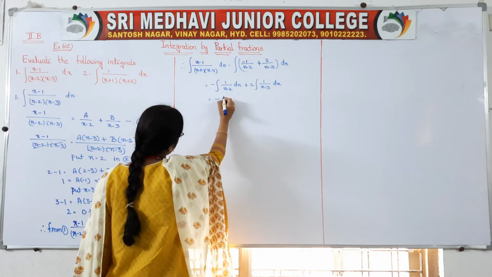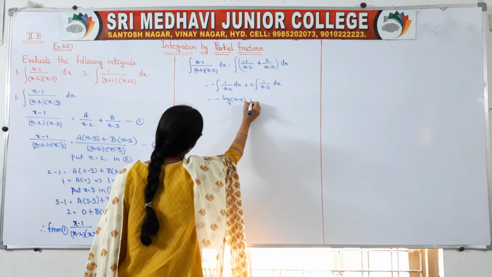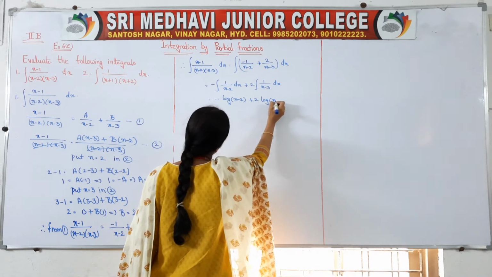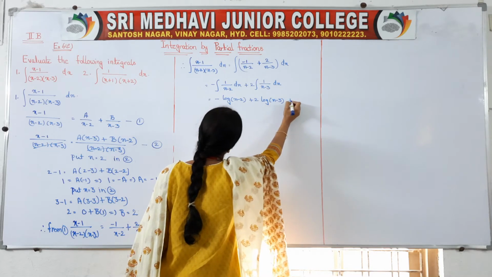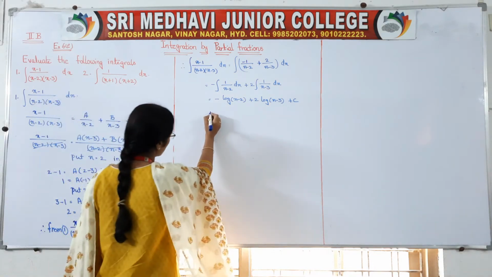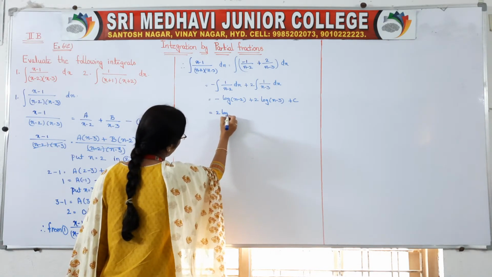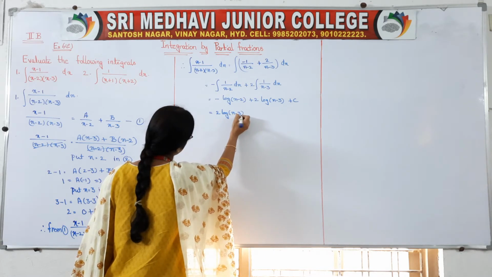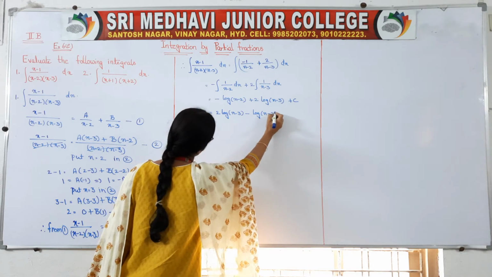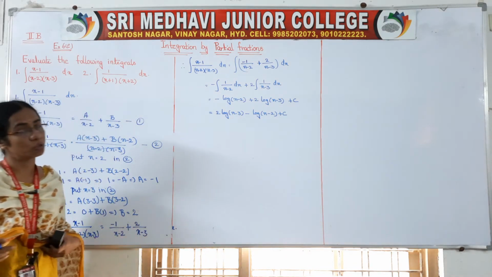So it is minus log of x minus 2 plus 2 into log of x minus 3, right? After the completion of integral, we have to write plus c. Generally the first term should be positive. So you can write this as 2 log of x minus 3 minus log of x minus 2 plus c, which is the answer of your question.